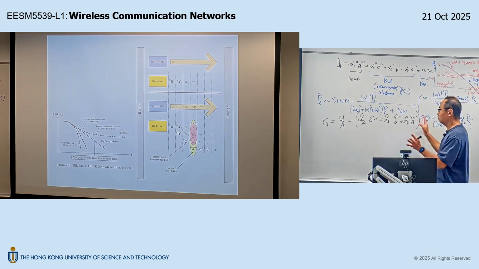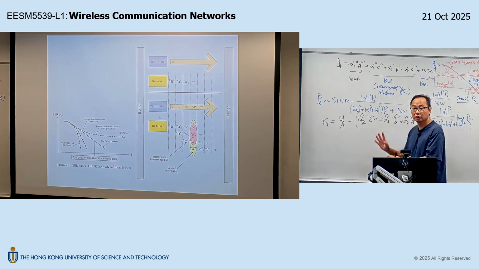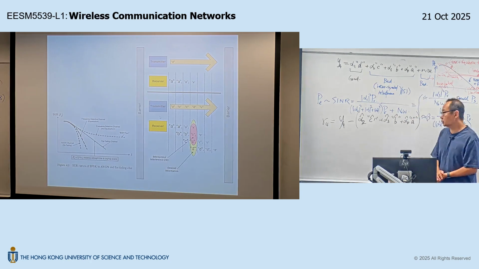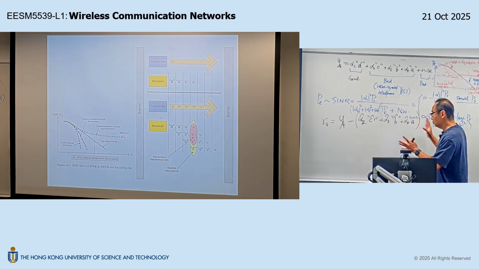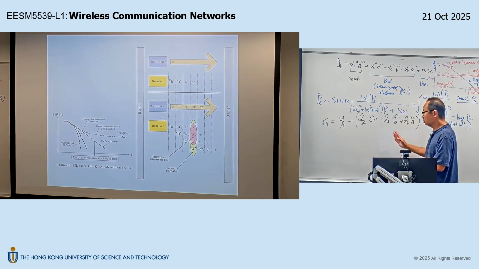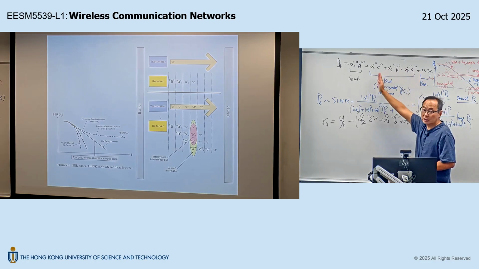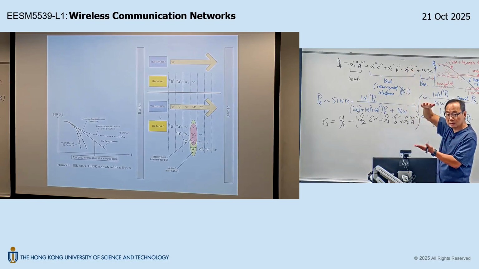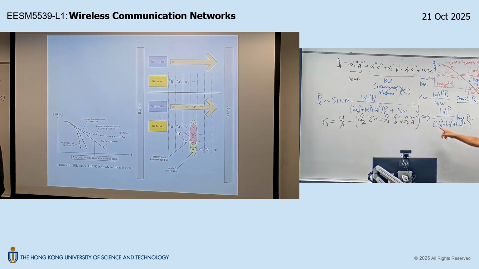But I don't want to talk about the detailed mechanism of this equalization. The thing is, despite you may not be able to do a perfect cancellation, after cancellation you may still have some residual interference. As long as this residual interference power is substantially reduced, then this denominator in the beta, the saturated SINR, will be much smaller.